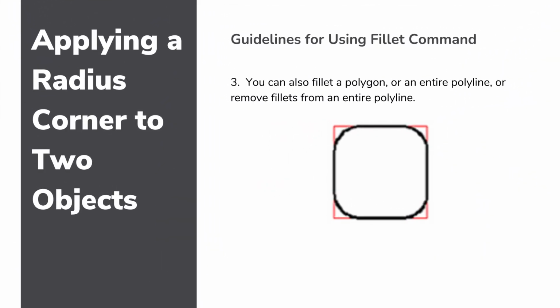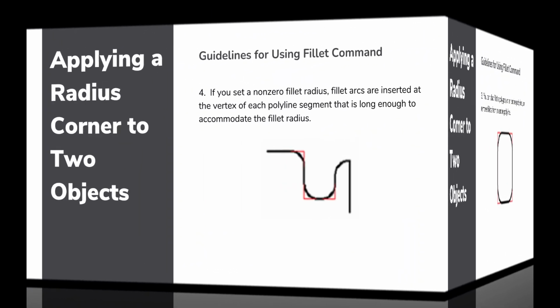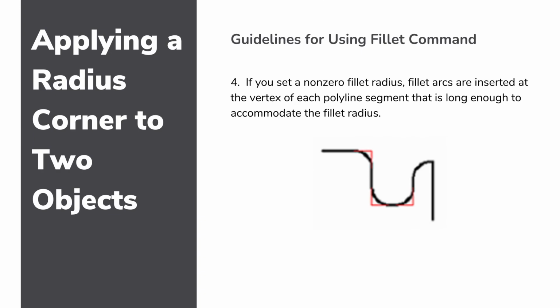Next, you can also fillet a polygon or an entire polyline or remove fillets from an entire polyline. And last, if you set a non-zero fillet radius, the fillet arcs are inserted at the vertex of each polyline segment that is long enough to accommodate the fillet radius.